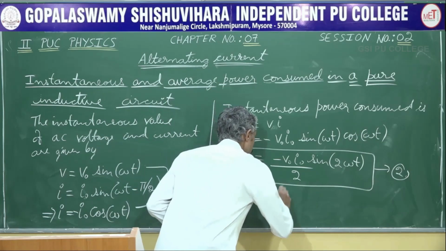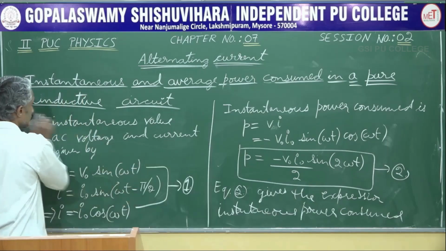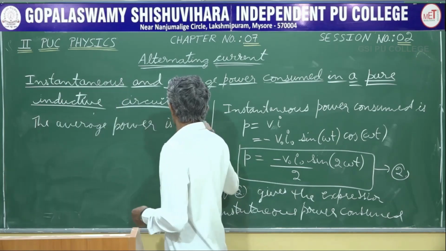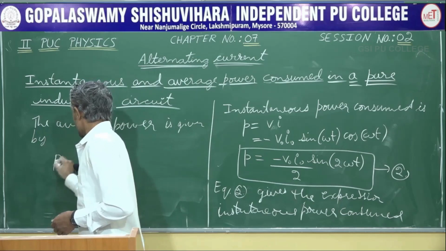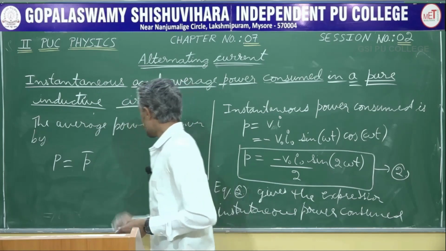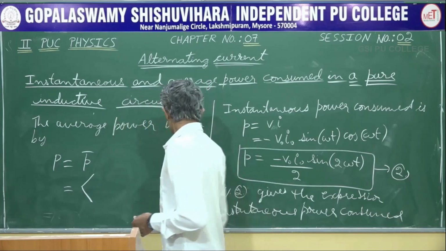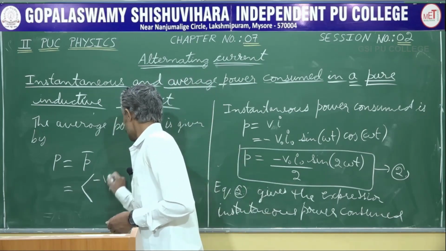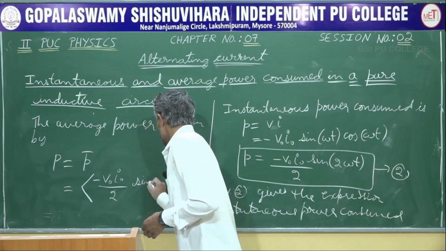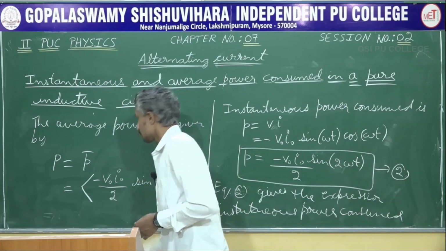Equation 2 gives the expression for instantaneous power. What about the average power? So, the average power is given by capital P, which is the average of the instantaneous power. So, this is nothing but the average of minus V naught into I naught by 2 into sin of 2 omega t.